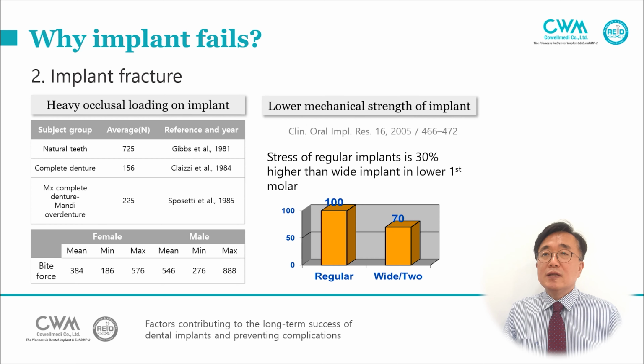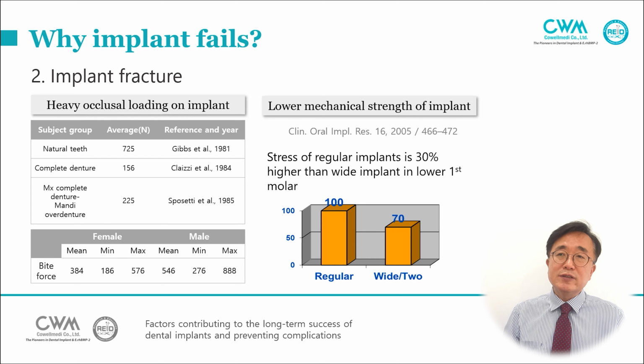And second, the implant mechanical strength is different. Especially, a wide implant has lower mechanical stress. The stress of a regular implant is 30% higher than a wide implant in the lower first molar.